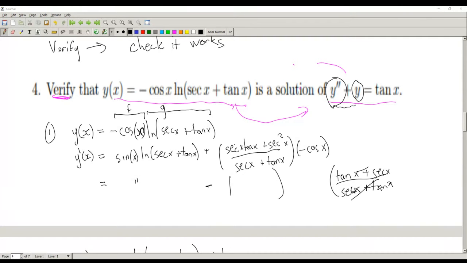F prime, the derivative of minus cos x, is sine x multiplied by g, plus the derivative of g times f.